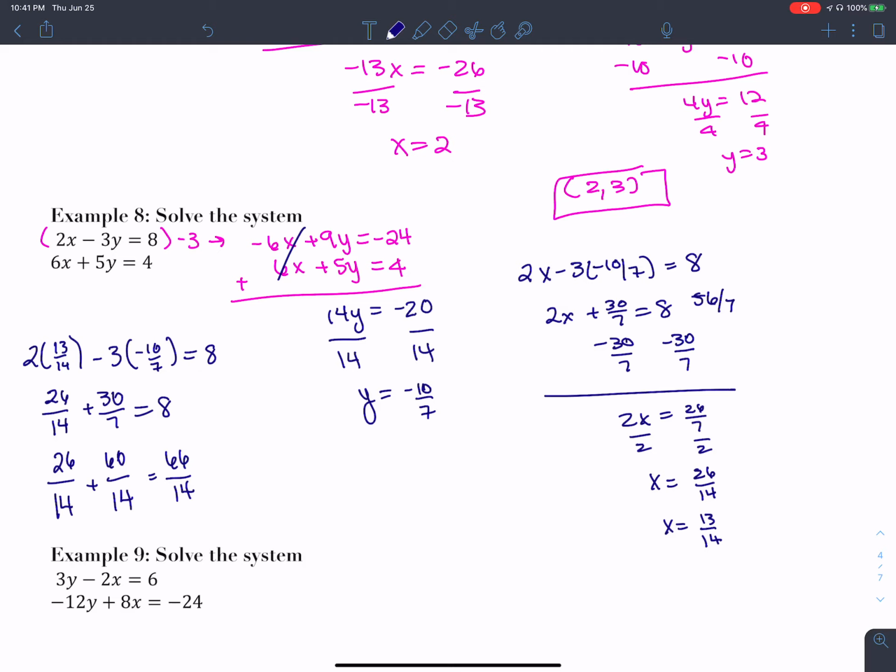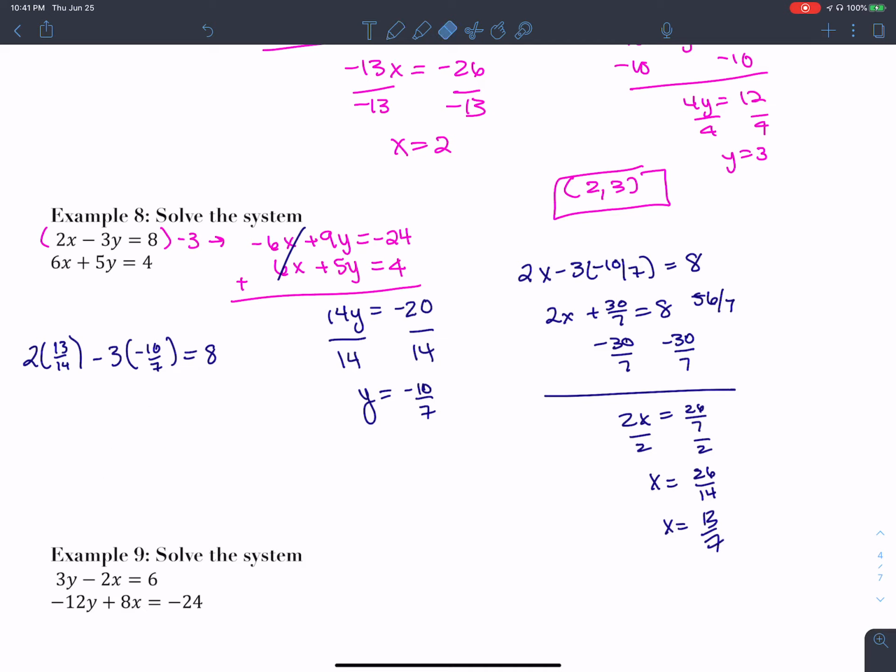I have no clue. That looks good. So maybe that's 56 minus 30. 26 over 7. 26 over 14. Oh, 13 over 7. There we go. So that's 13 over 7. Aha. Okay, so that fixes that.